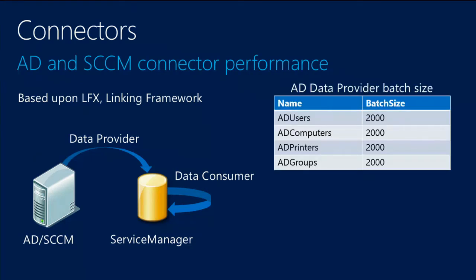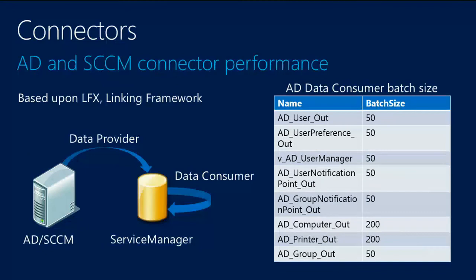The batch sizes for the data provider portion of the AD connector job are configured like this. For users, we will take 2,000 users at a time, and the same goes for computers, printers, and groups. Most of the time, this is fair enough. But if you take a look at the data consumer portion of the job, you can see that the batch sizes are really small.